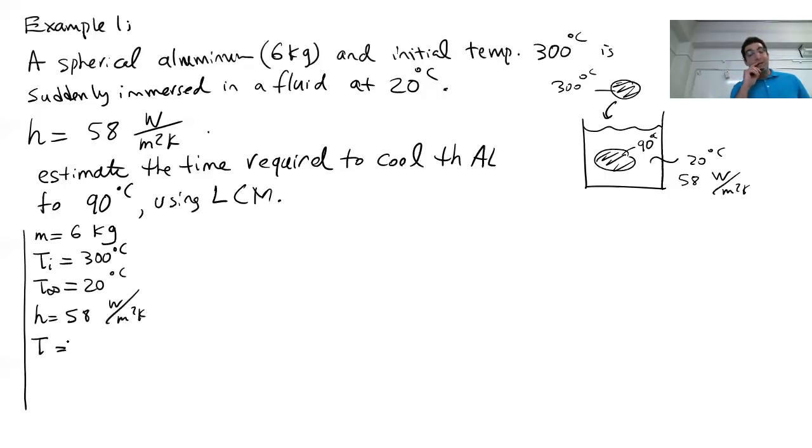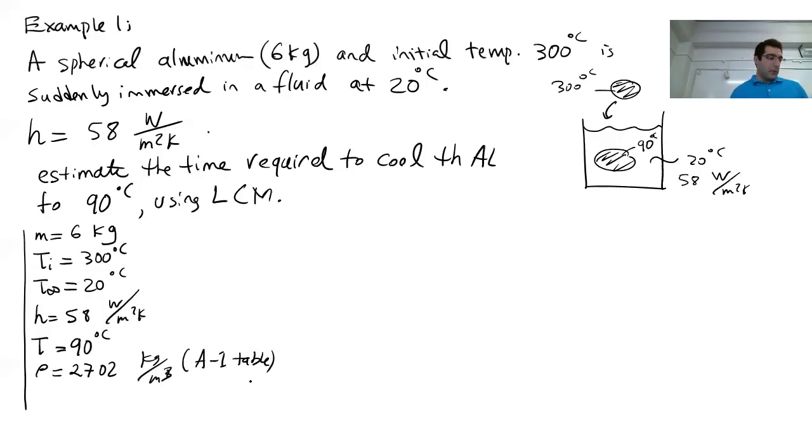T, or the final temperature of the object, is 90 degrees C. Rho, the density of the object, should be given to you. Let's say rho of the aluminum sphere is 2,702. The unit of rho is kilogram per meter cubed. By the way, you should be able to find it from table A1.